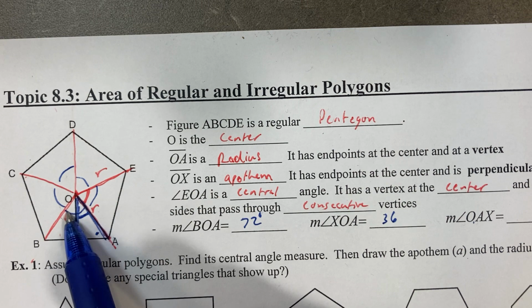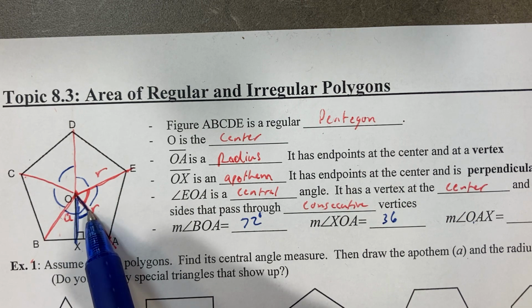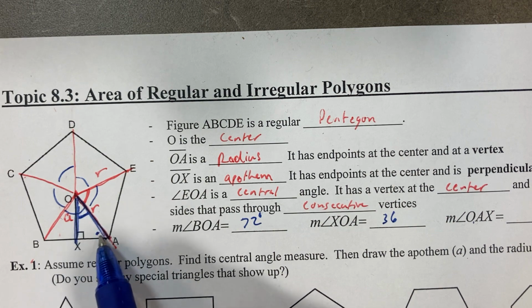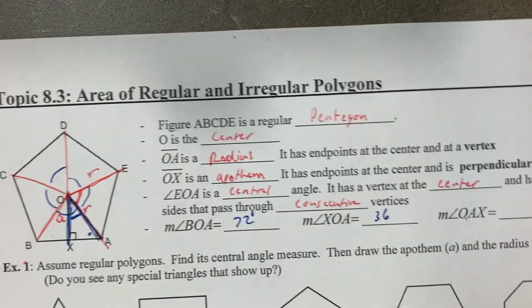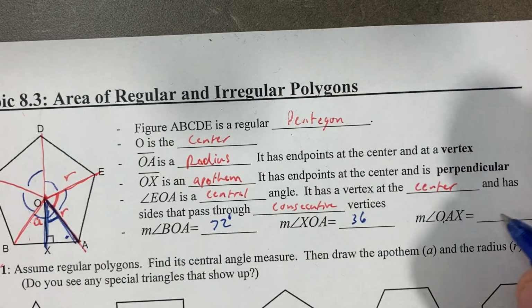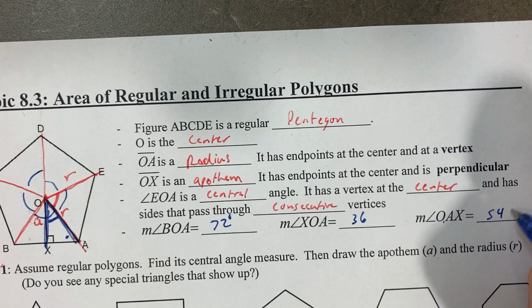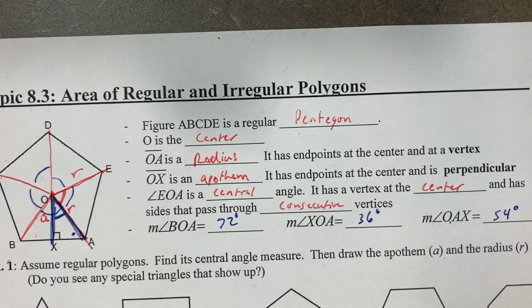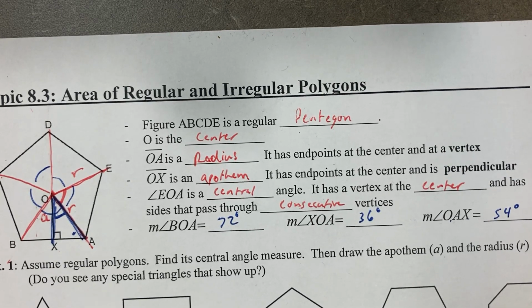So find your central angle, 72, cut it in half, 36, and then it has to add up to 180 in this triangle right here. So what is that? It makes that 54 degrees. All right, so you will have to work your way around the angles of any shape I want.